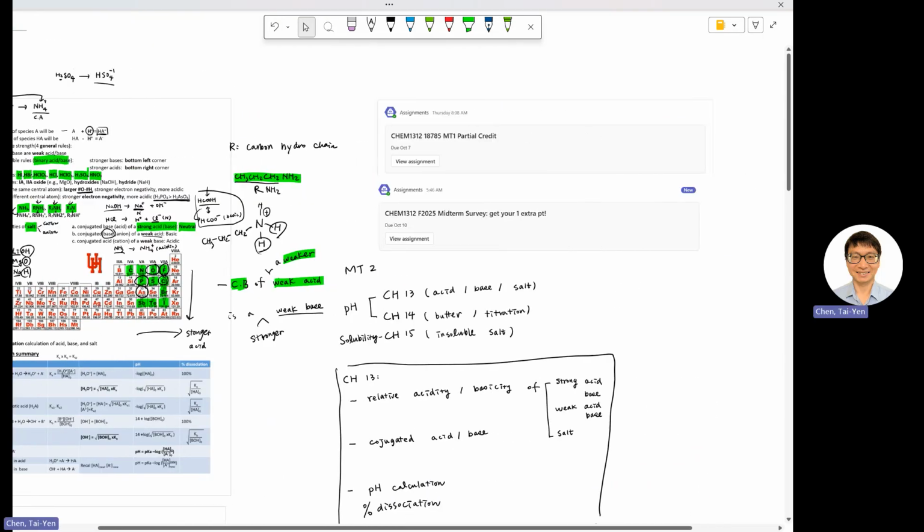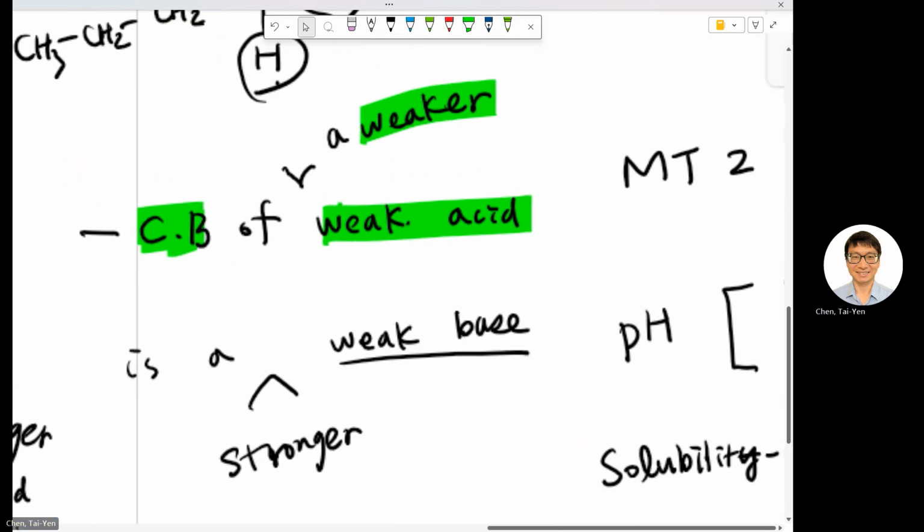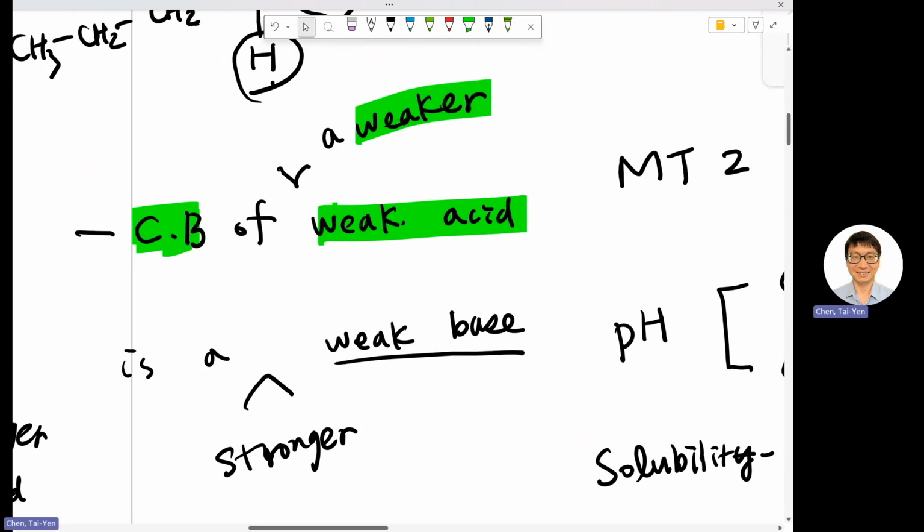Conjugate base of a weaker acid will be a stronger base. You need to get used to these things. Conjugate base of a weaker acid will be a stronger base.